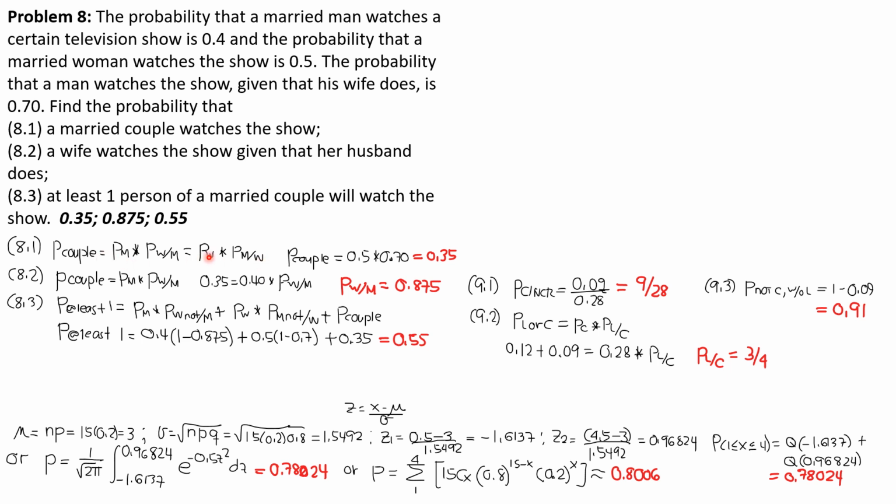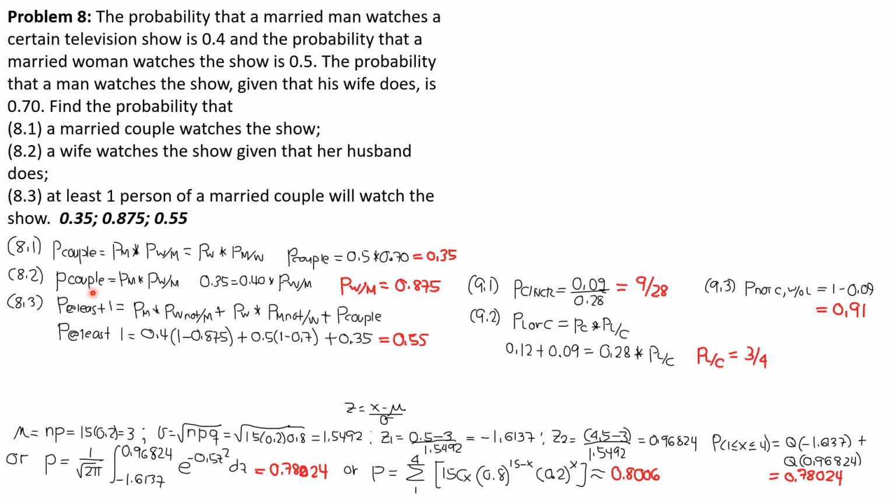So either of these cases, but since this is the formula where everything is given, the probability that the woman watches the show is 0.5, and the probability the man watches the show given that his wife does is 0.7. So 0.5 times 0.7 is 0.35. So that's the probability that a married couple watches the show on television.